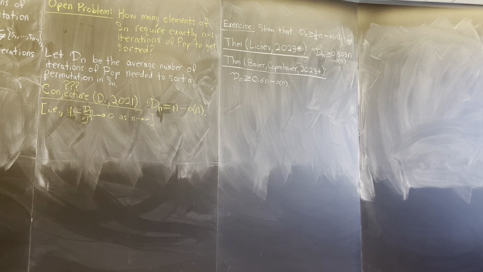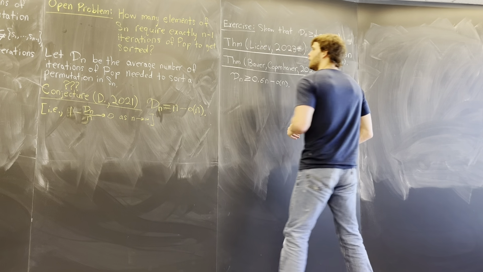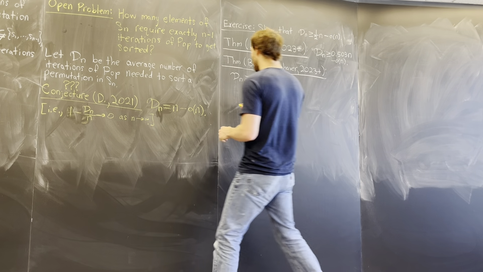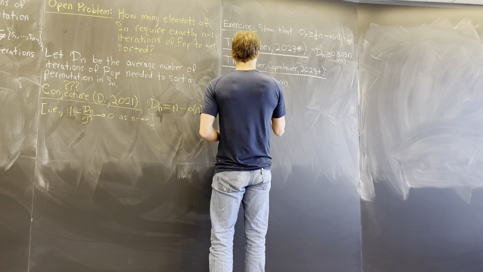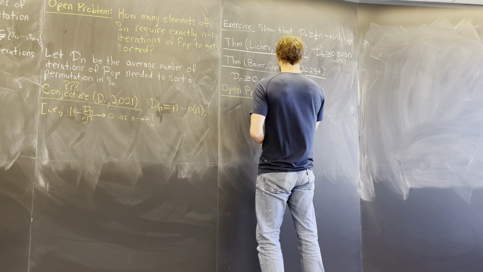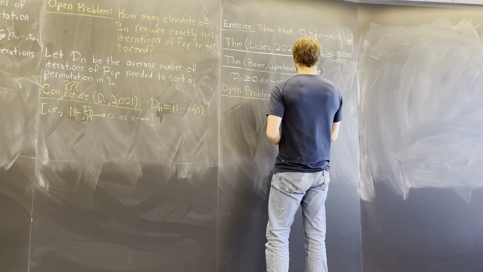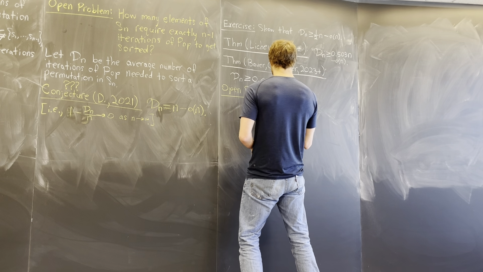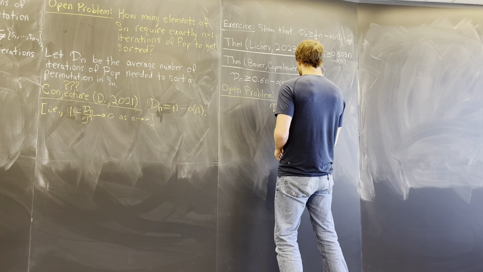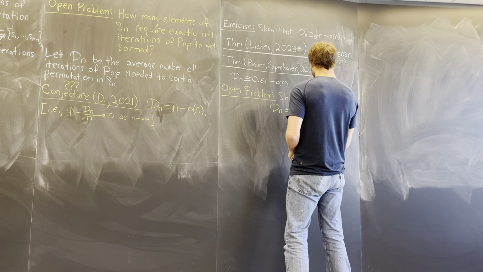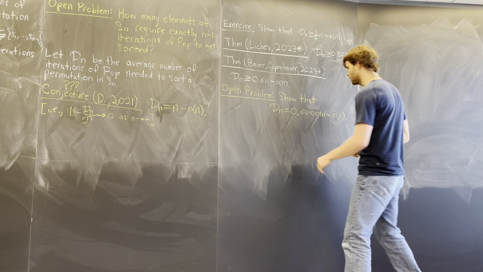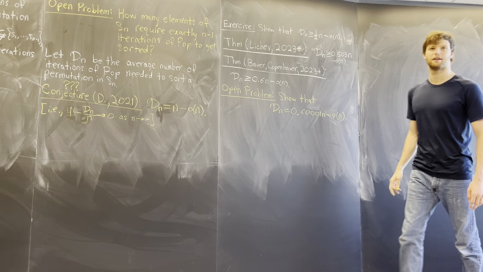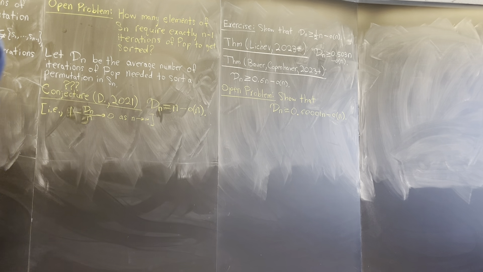So here's another problem on the PSET that is open. Show that d_n is at least 0.60001 n minus little o of n. And that's also extra credit.